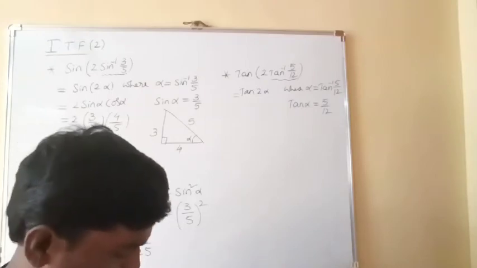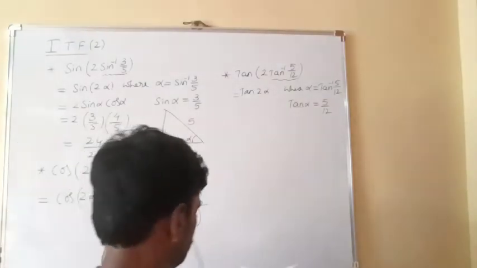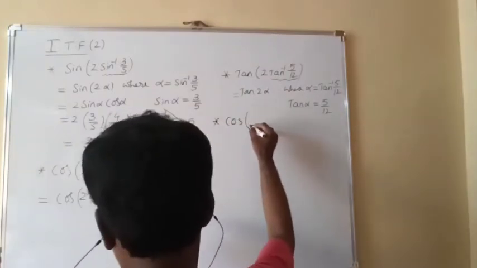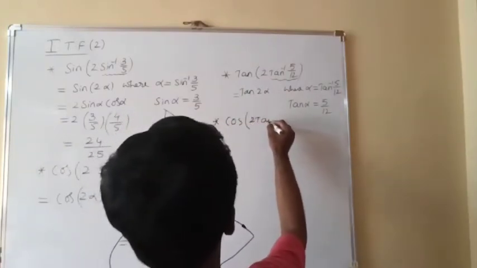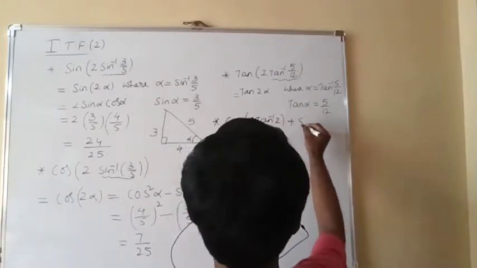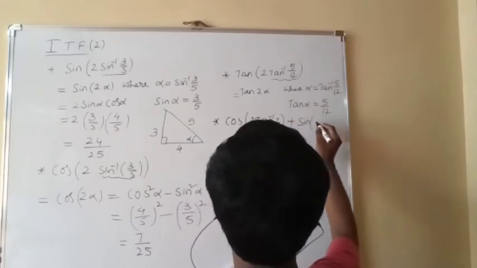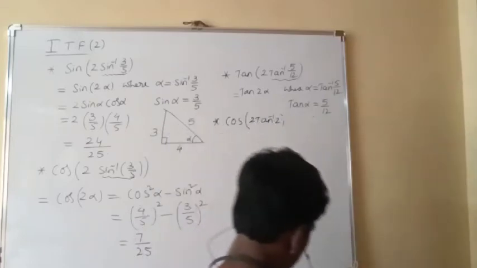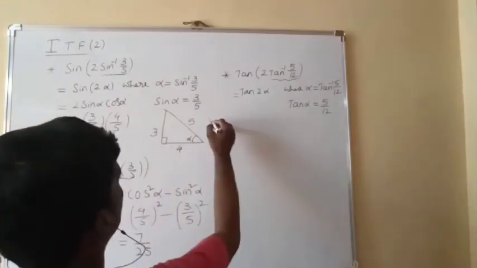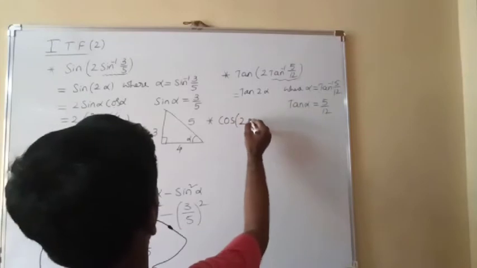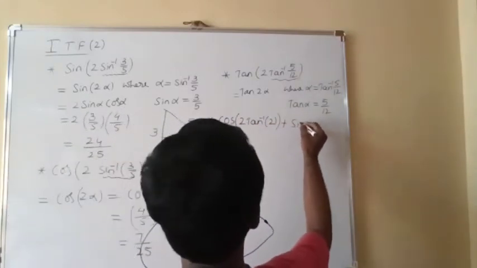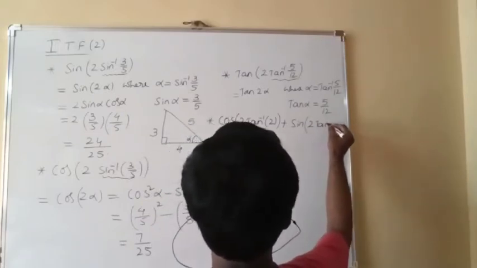Next, two. So next problem: cos of 2 tan inverse 2 plus sine of 2 tan inverse 3.